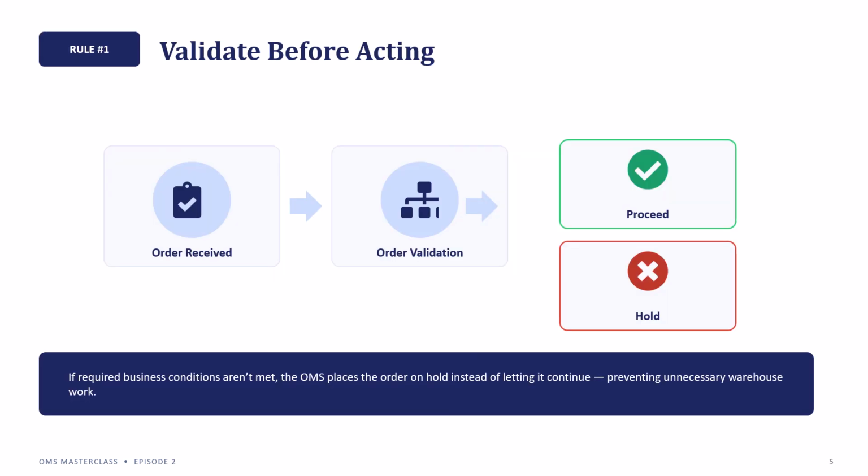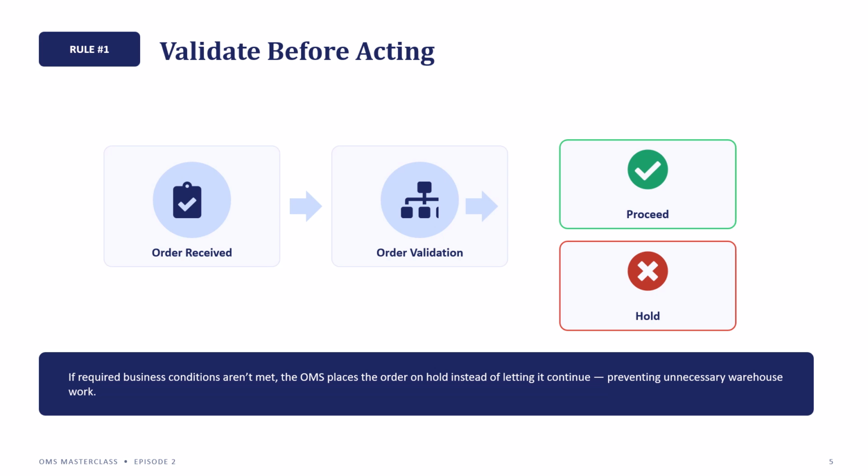Arya's order has now reached the OMS. Even though the customer has placed the order successfully, the OMS doesn't immediately send it to the warehouse. The first step is always validation. The OMS verifies whether the order has all the information required for fulfillment. For example, it checks whether the order details are complete, the customer information is available, the shipping address is valid, and the payment has been successfully authorized.